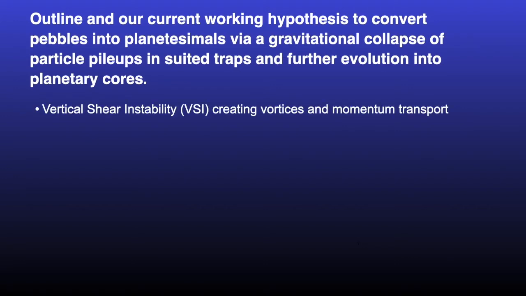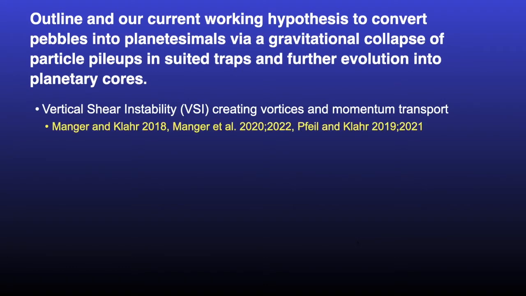In the beginning, I will talk a little about recent results on vertical shear instability, a hydrodynamic instability operating in certain regions of the disk around a young star. I will show how it creates vortices to trap our pebbles, and how it leads to an angular momentum transport which we can parametrize in terms of alpha, so that we will know how big the viscosity is as a function of the disk temperature and of the local temperature gradient.